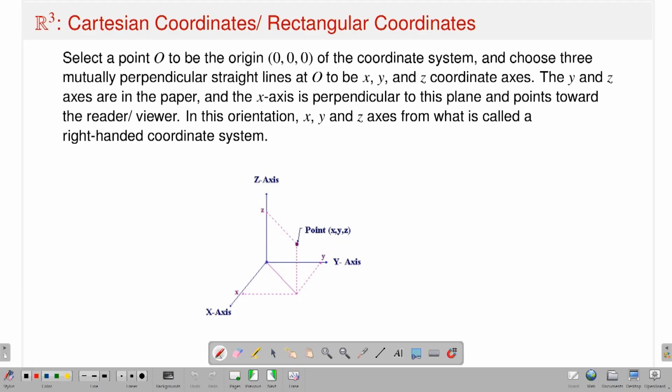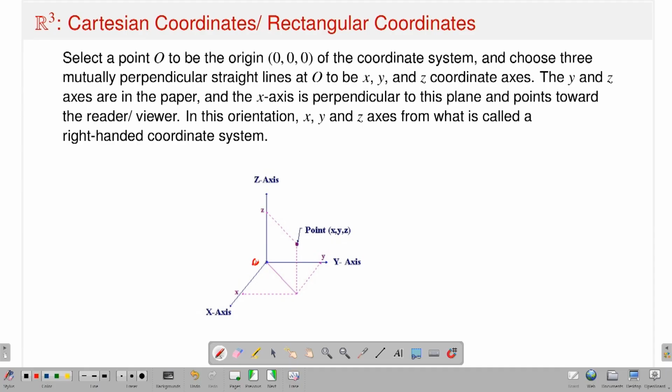In Cartesian or rectangular coordinates, how do we represent it, or geometrically how do we visualize it? Select the point O as the origin 0 comma 0 comma 0 and choose three mutually perpendicular straight lines at O to be the x, y and z coordinate axes. The y and z axes are on the paper and the x axis is perpendicular to this plane and points towards the reader or viewer.